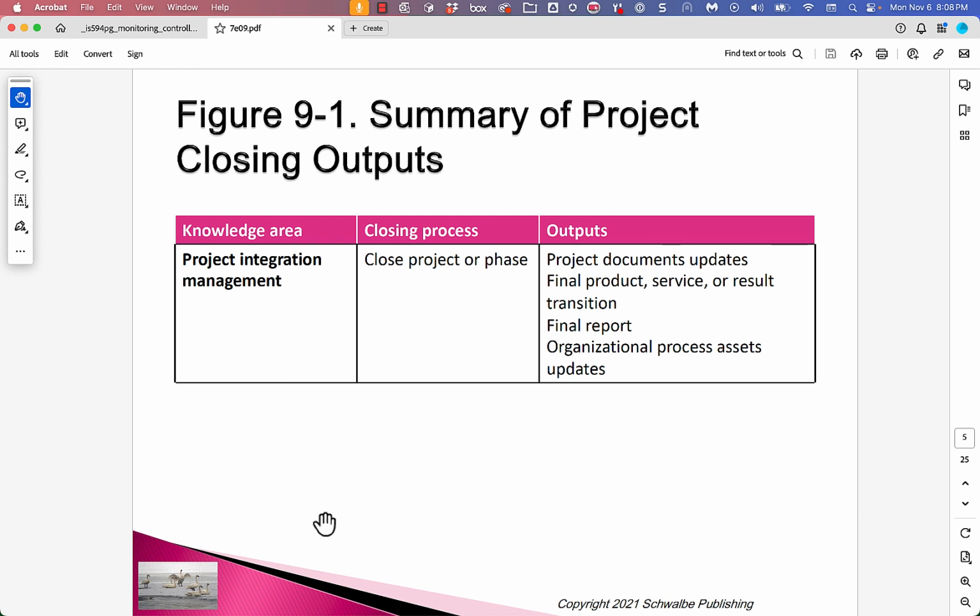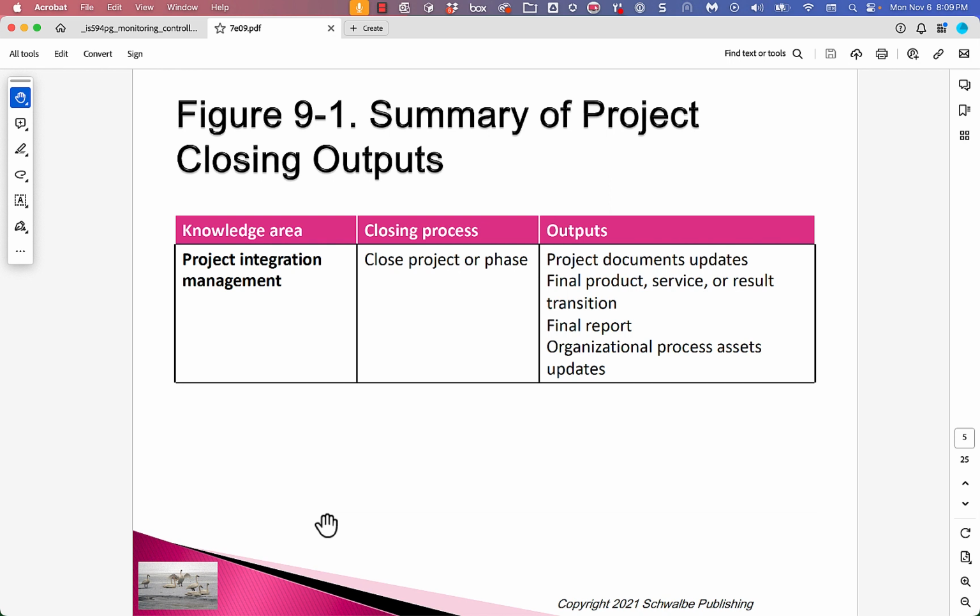So, summary of closing outputs. Again, this is a list of the stuff from the PMI methodology. In project integration management, there's a process called close the project or phase. What are the outputs from it? Project document updates, final product, service or result, transition, final report, organizational process assets.